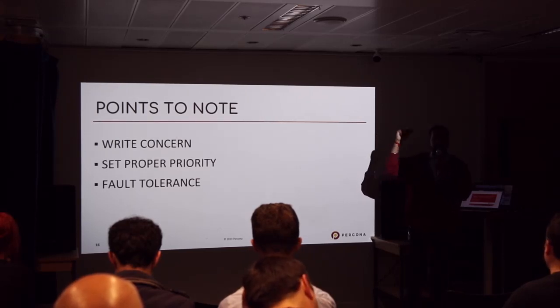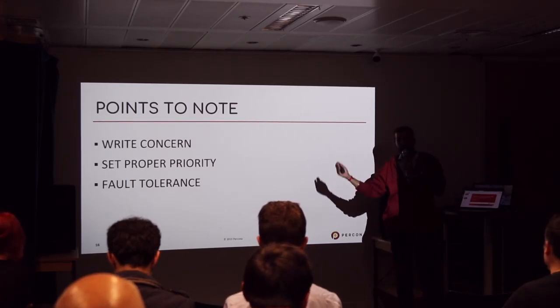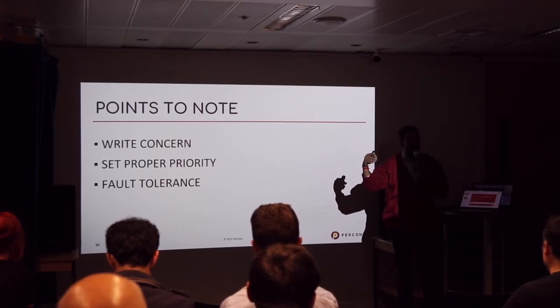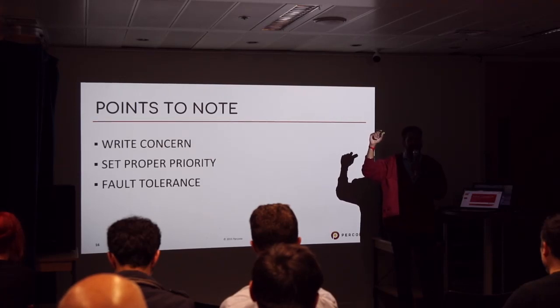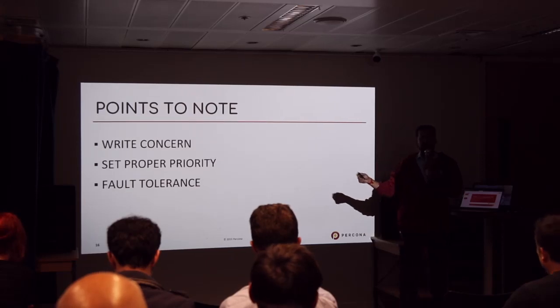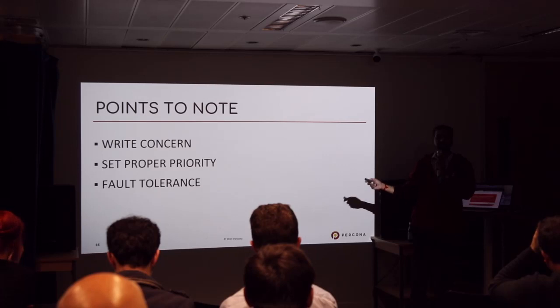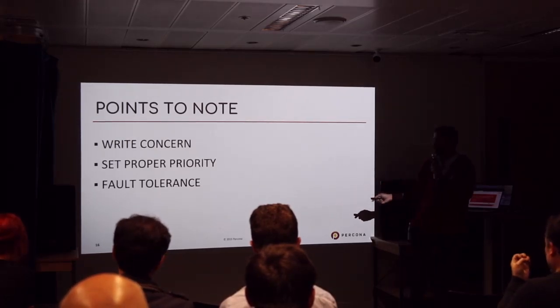The secondary with priority 10 will become primary. When the old primary comes up with priority 20, it joins as secondary, but it sees that its priority is 20 while the current primary has 10, so it will call for election again. If you set priorities unevenly across members, it will call for elections again and again. So make sure you set proper priority.